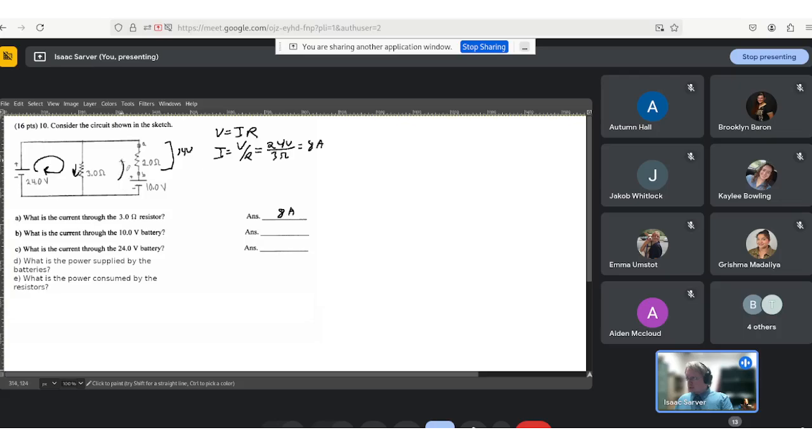So we'll do a Kirchhoff loop law here. That's 10 volts minus 2 ohms times our current, and minus... yeah, I think I screwed that up.